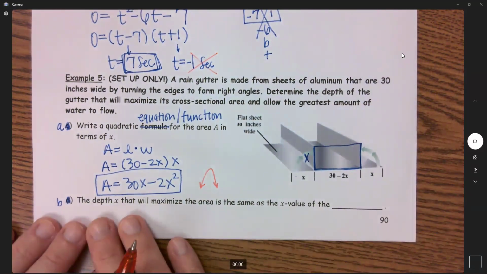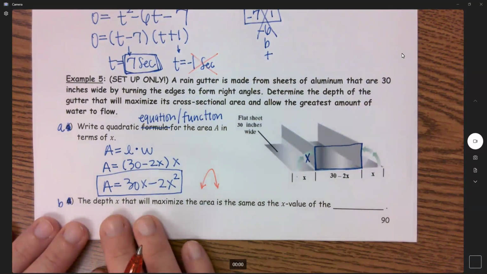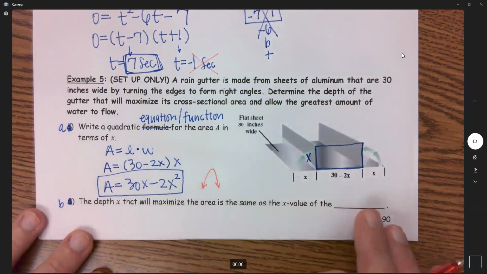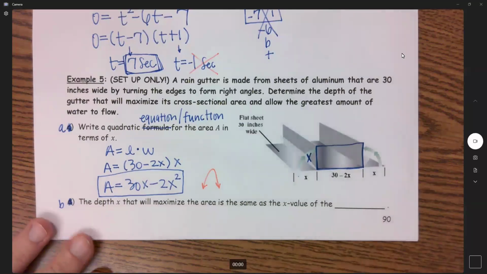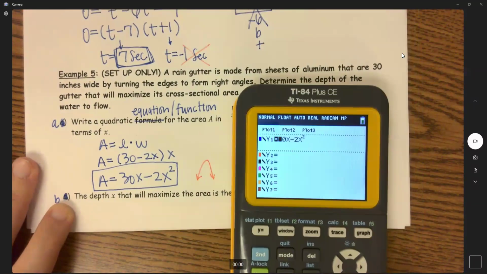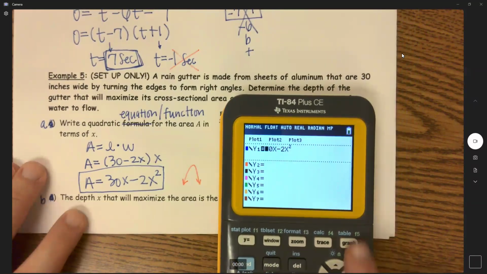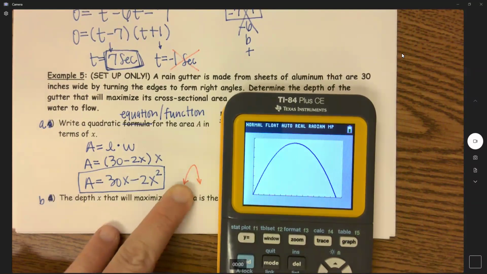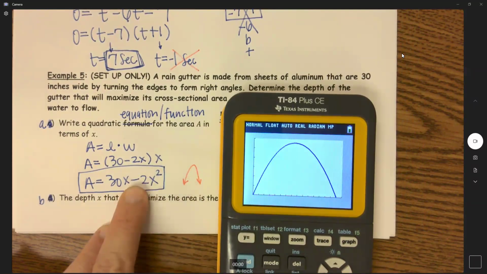Now, part B says the depth x that will maximize the area is the same as the x value of the blank. Okay. I went ahead and put this into the graphing calculator. And here is my graph. Exactly what we predicted, it's a parabola facing down because it's x squared and negative.